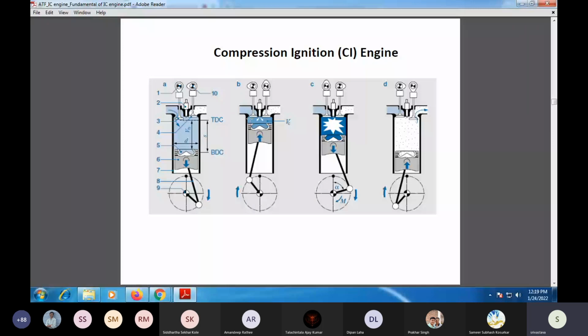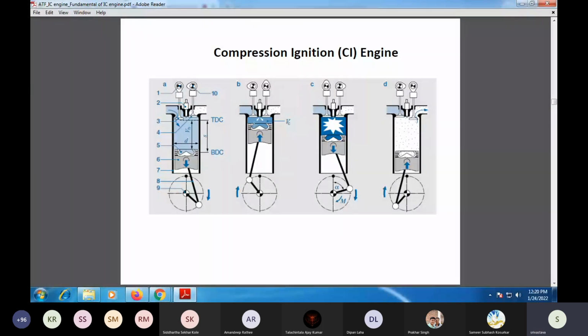The second thing is that before the piston reaches top dead center, fuel injection takes place through the injector. The injection is taking place towards the end of the compression stroke, where the pressure and temperature are very high. Therefore, the fuel injection pressure also has to be very high for the liquid fuel to enter the combustion chamber.